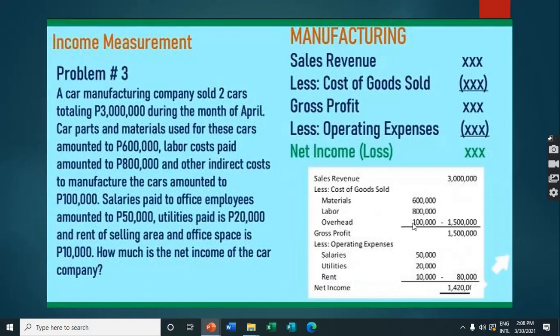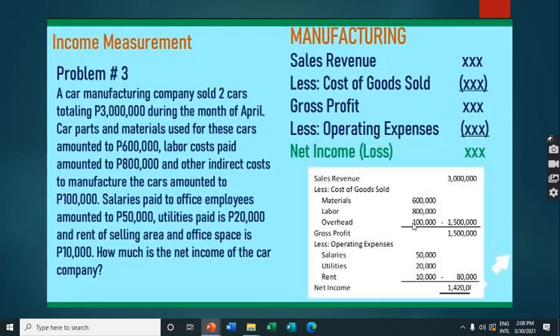Now, let's go to measurement of the manufacturing business. So, paano ba nami-measure yung income dun sa manufacturing business natin? Now, let's take the problem number 3. Let's read it. So, a car manufacturing company sold 2 cars totaling 3 million. Ayan. During the month of April.